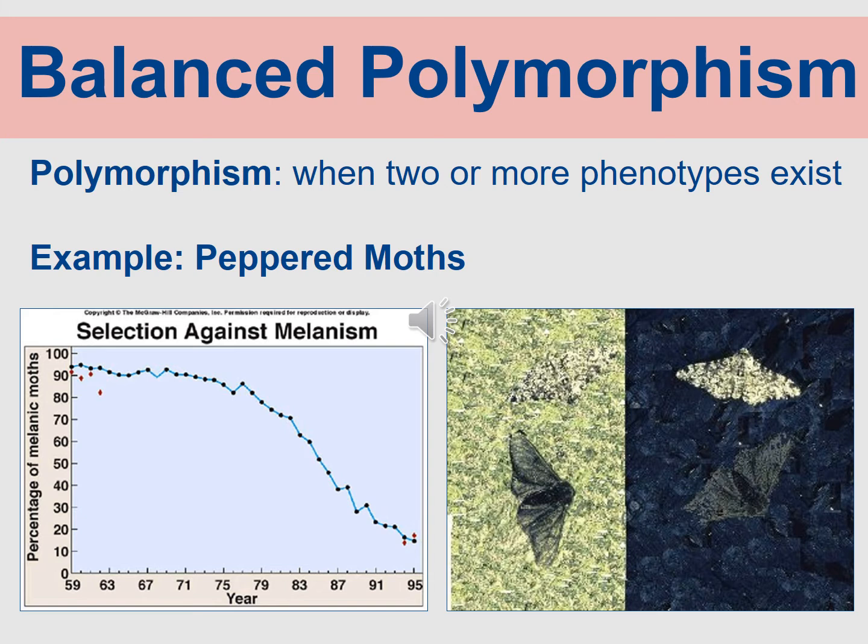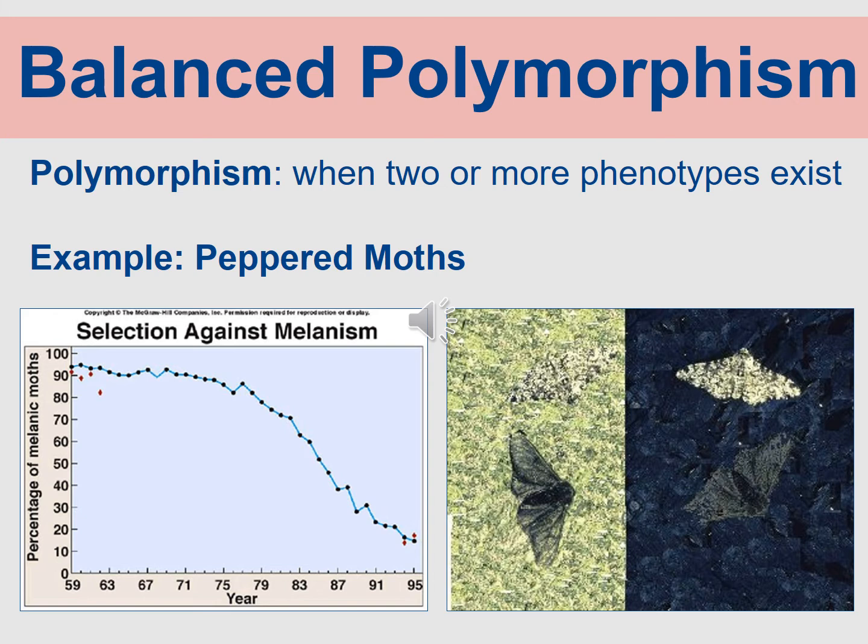And you can see that the more highly pigmented moth is the one that blends in or is more camouflaged to that background. And it is the checkered moth that is very easily seen by predators. So you can see that before industrialization, there's lots of lichen on trees, and we see fewer melanic moths because they're getting eaten.